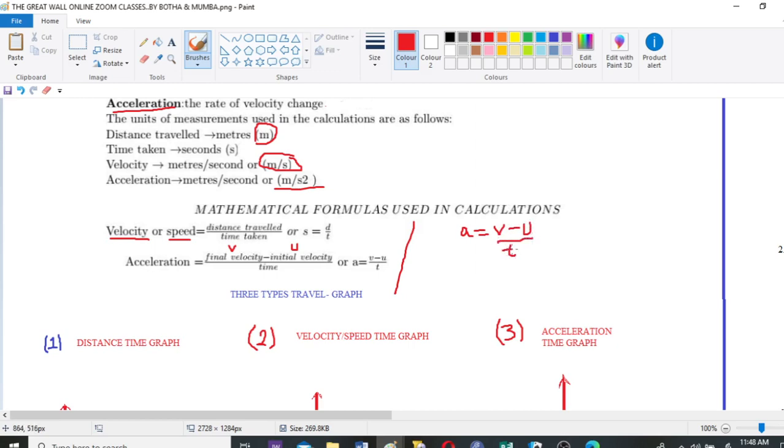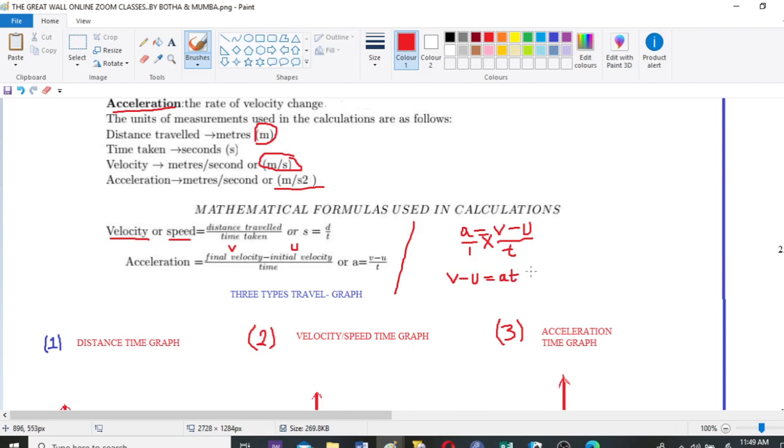Now if we want to calculate for the final velocity or initial velocity, we can make v the subject of the formula or u the subject of the formula. So when we cross multiply, we are having v minus u is equal to at, isn't it? Which is acceleration times time.